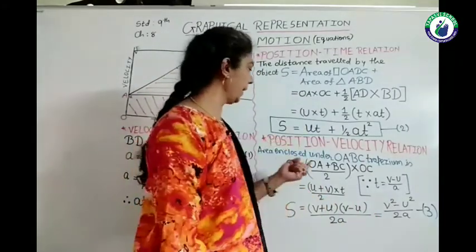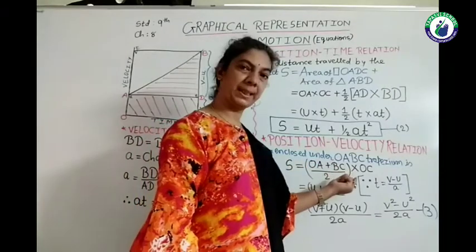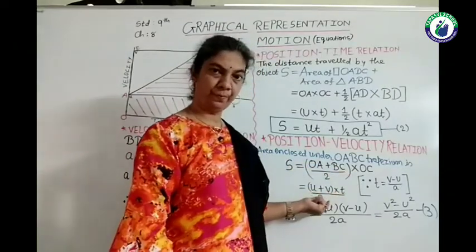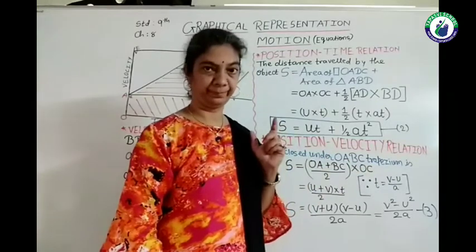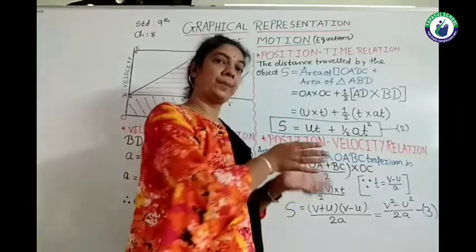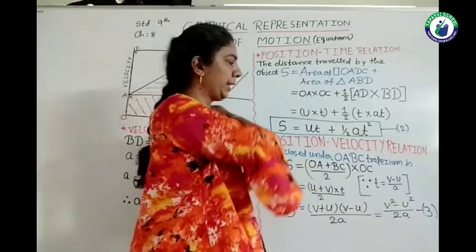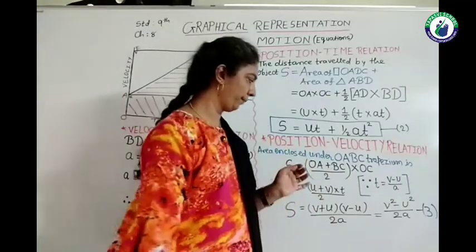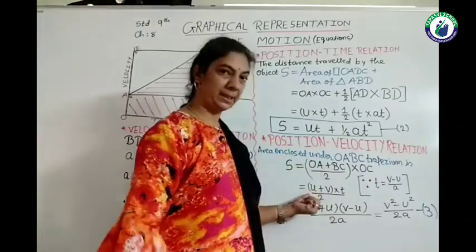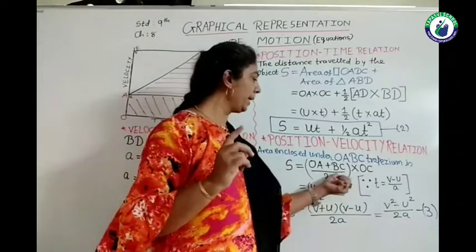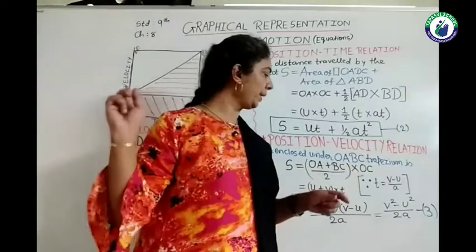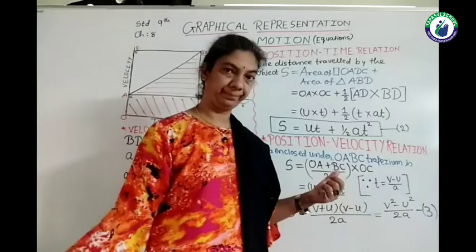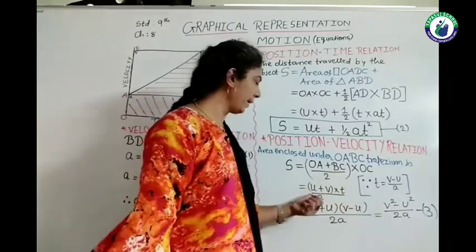So I can write OA plus BC divided by 2 multiplied with OC. Now substitute the physical quantities. As I said just now, OA is our u, BC is our v, OC is our time, and divide that by 2.